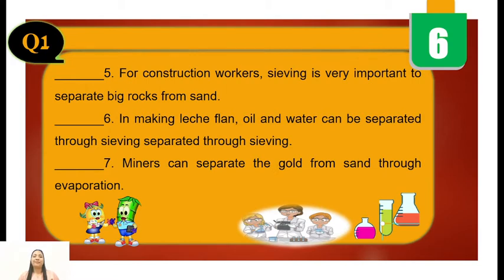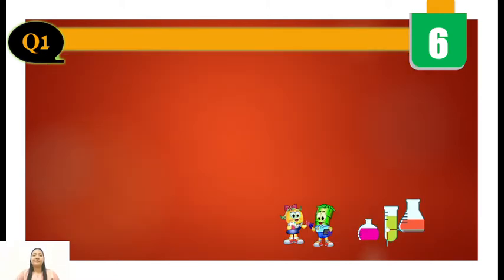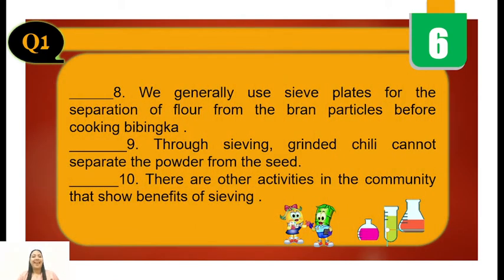Number 7. Miners can separate the gold from sand through evaporation. True or false? Next, number 8. We generally use sieve plates for the separation of flour from the bran particles before cooking bibingka.